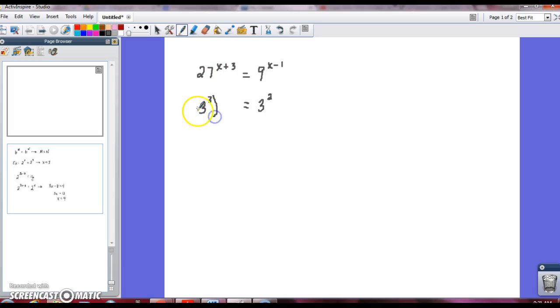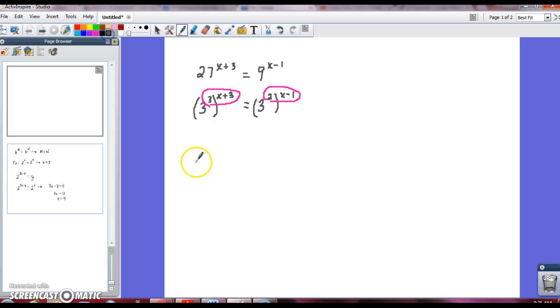Again, I haven't changed the equality of anything. All I've done is change how I'm writing 27. I still have x plus 3 here, and here I still have x minus 1. If you remember from a couple years ago, when you raise an exponent to a power, you just multiply those together.